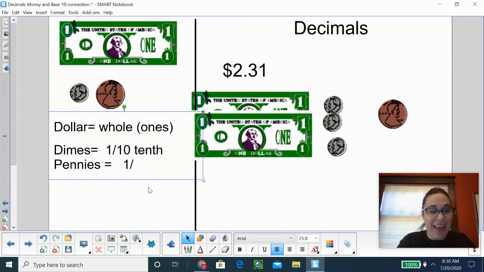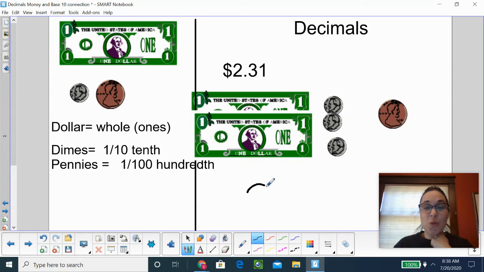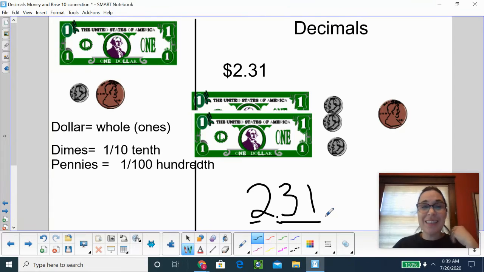So we will call that our hundredths. There we go. So another way to think about this is 2 wholes, 3 tenths, and 1 hundredth. You would read that as 2 and 31 hundredths. We'll talk more about that later.